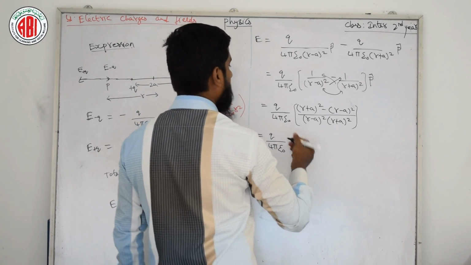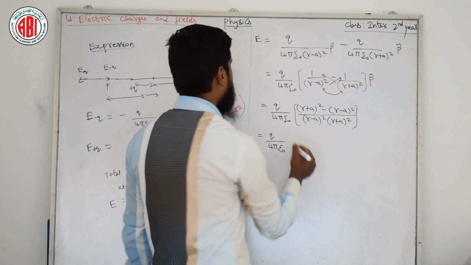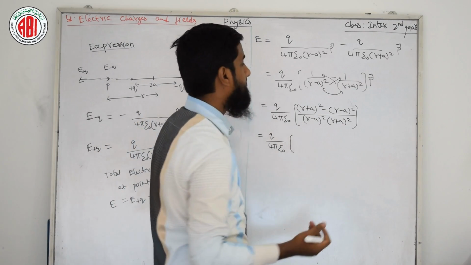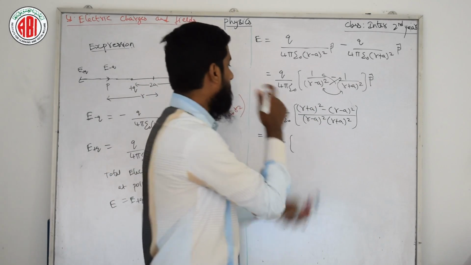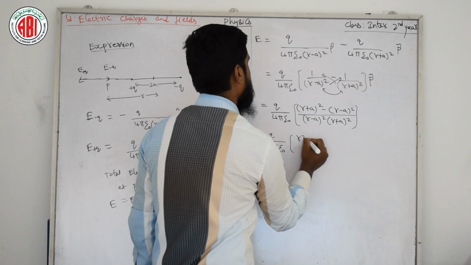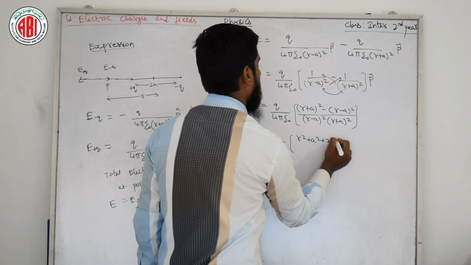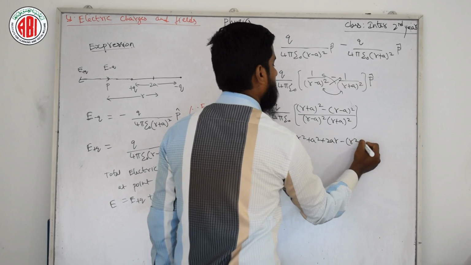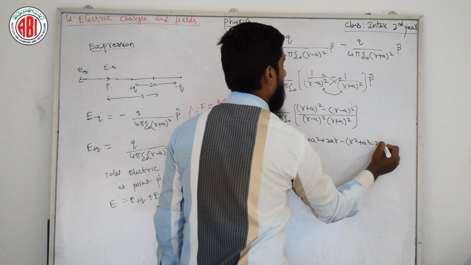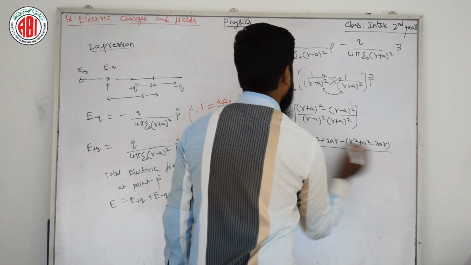Now we need to apply algebraic formulas like A plus B whole square and A minus B whole square. From the formulas we will get R square plus A square plus 2AR, and from here R square plus A square minus 2AR. How did we get this?